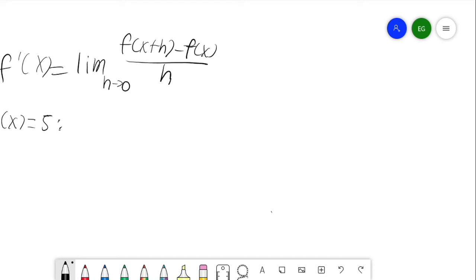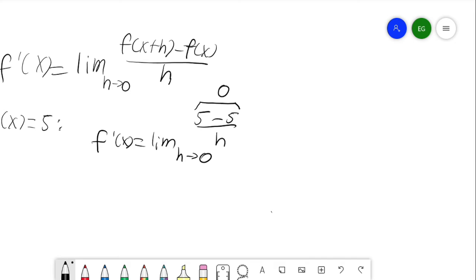So let's see. We have f prime of x equal to the limit as h approaches 0 of, now let's see, f of x plus h is 5, because f of any x is 5. F of x is also 5. And then we divide it by h. So this 5 minus 5 is obviously 0.